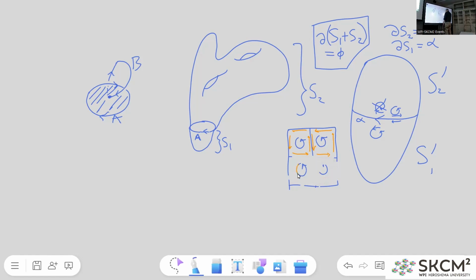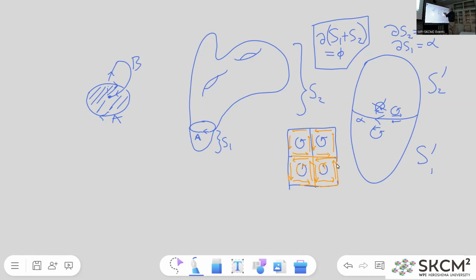I'll do this one in brown. Let's see if we got it right this time on the top before I start drawing on the bottom. This is going in the same direction as my orienter. This one is, and now this one will.